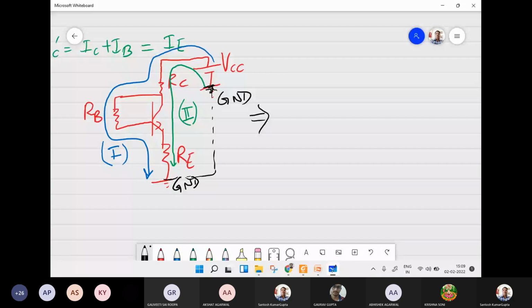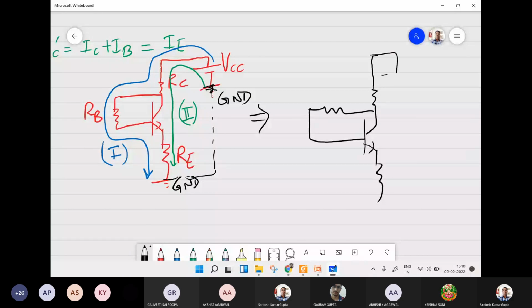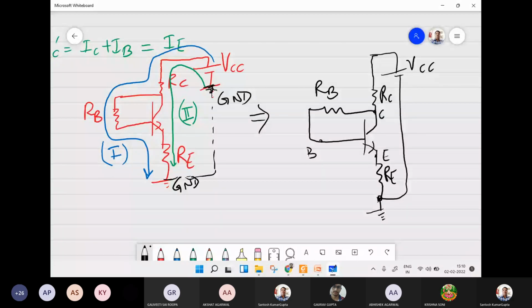For this purpose, let us redraw this circuit quickly, for illustration purpose only. So base, collector, emitter. The voltage drop across base emitter is VBE.